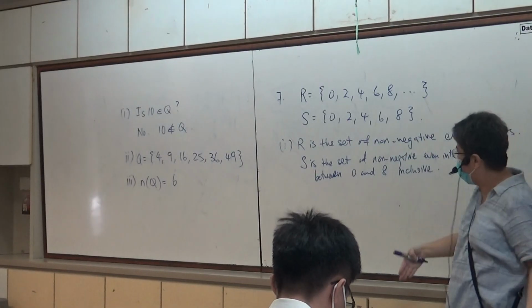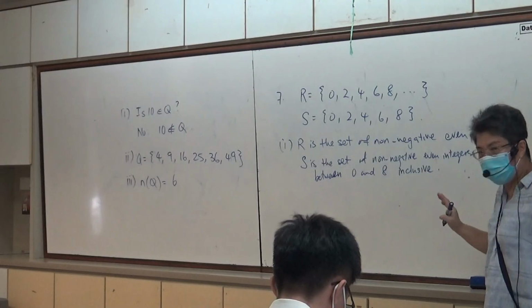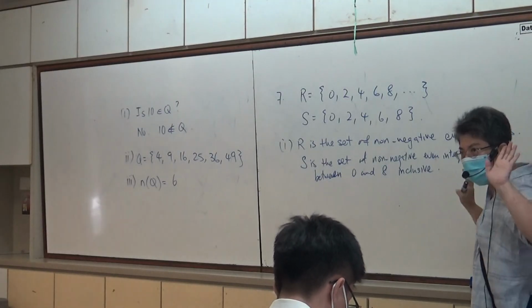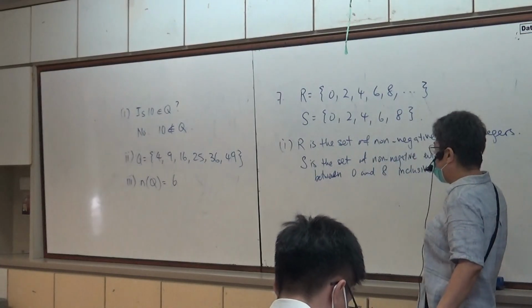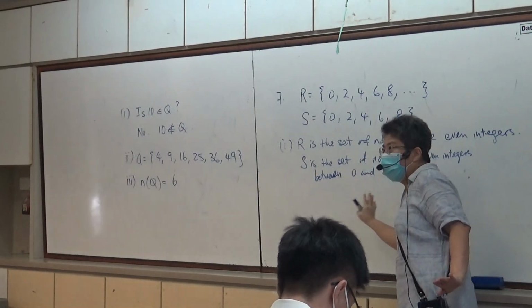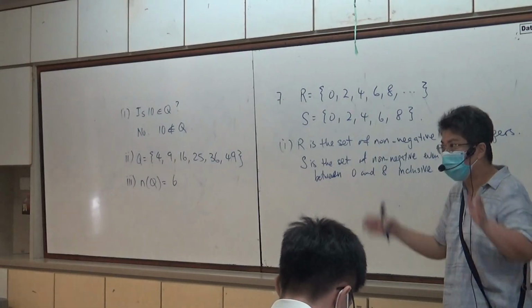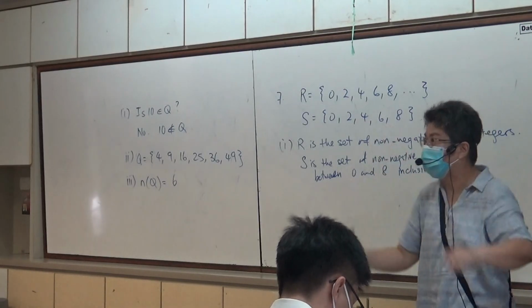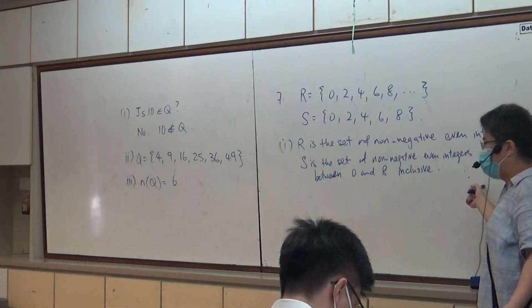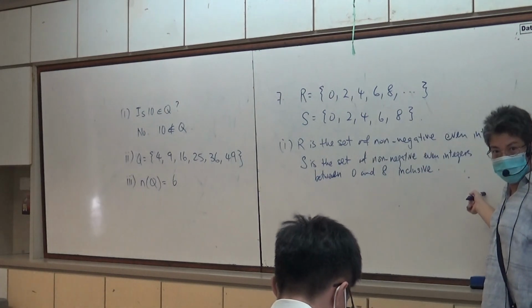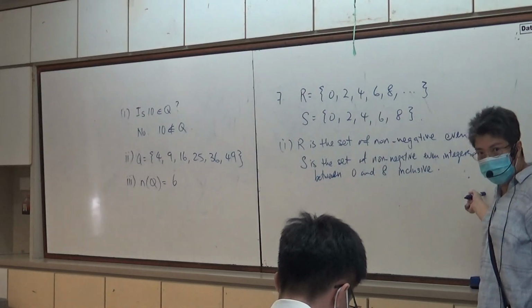You're right to say that. What Santa says is correct. I can also say S is a set of even integers between 0 and 8 inclusive. Also can, because 0 and 8 already qualify that it's non-negative. Okay, but when I say this, I'm being more specific. It's fine in that description.